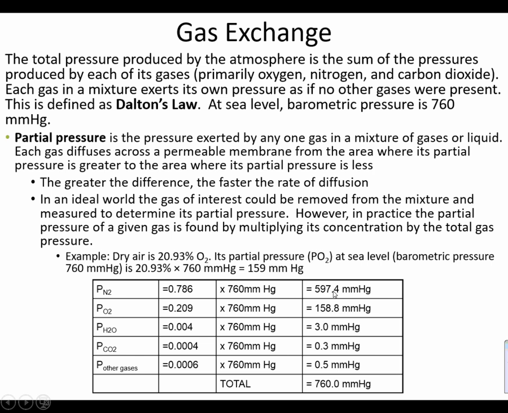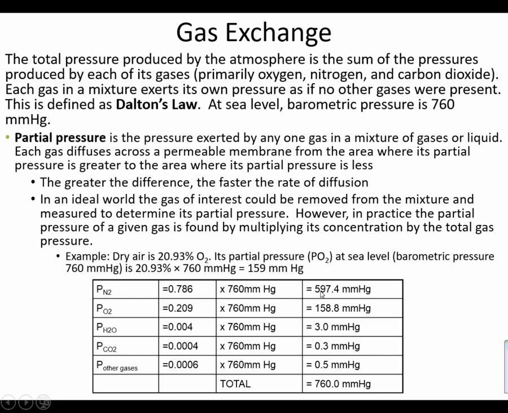Okay? These individual columns down here on the right demonstrate the pressures of each of the major gases in the air. Okay? Now, at sea level, barometric pressure is 760 millimeters of mercury. Okay? And that can be calculated by adding all of those pressures up.